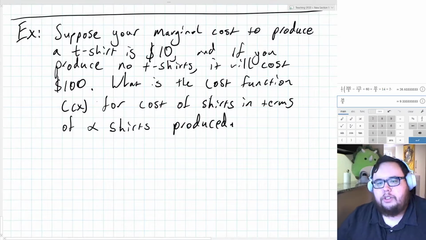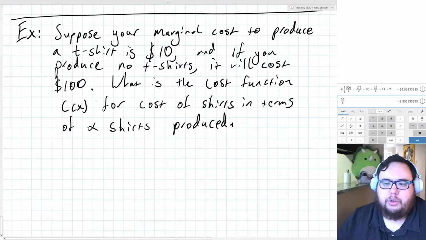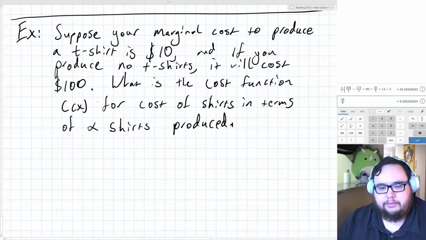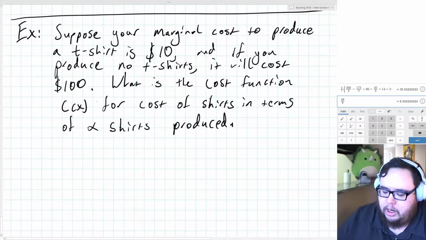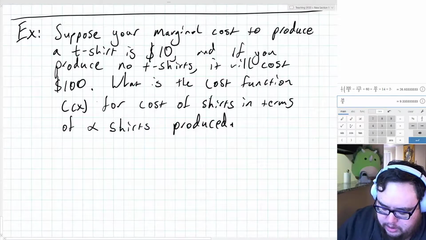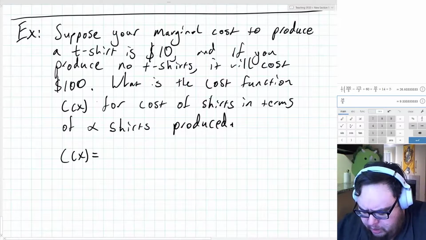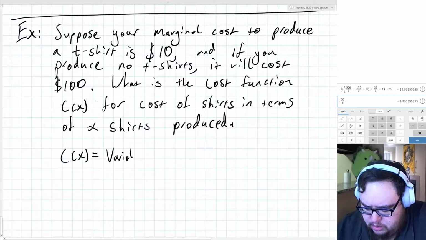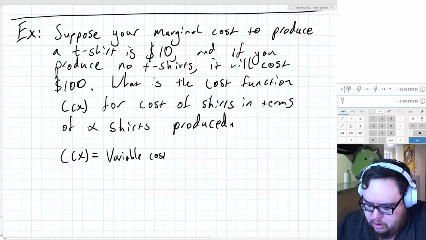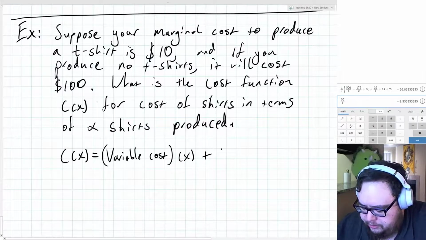So, first of all, this is not something that you actually need to use a differential equation to solve. I'm just going to show you how you could use a differential equation to solve, and then we'll do another one where you actually will need a differential equation. Okay. We know that we could just solve this by saying, all right, well, C of x, the cost of x, is going to be the variable costs times x plus the fixed costs.